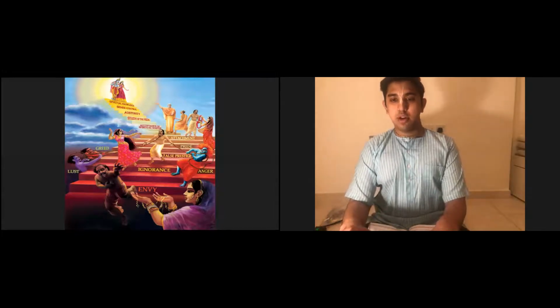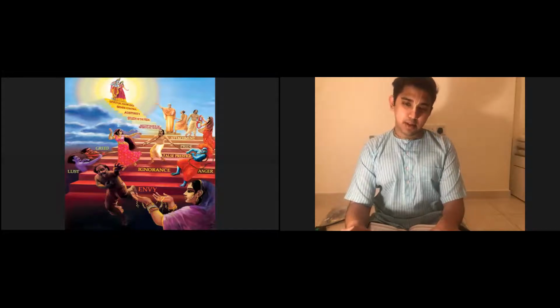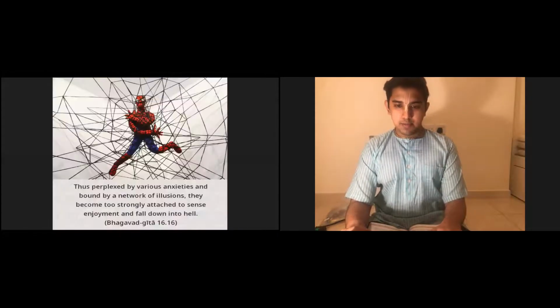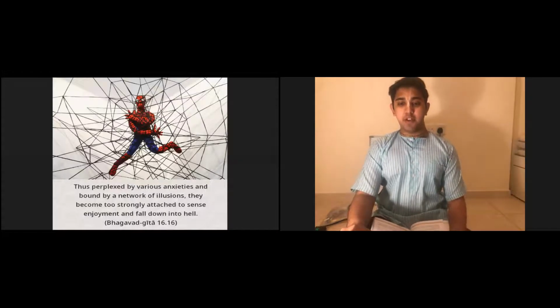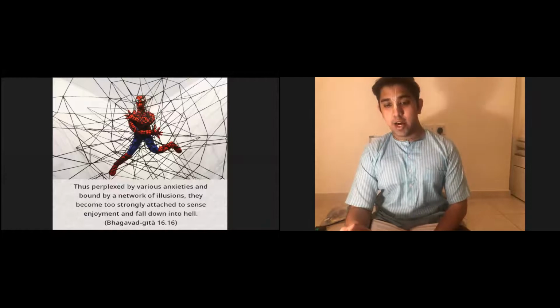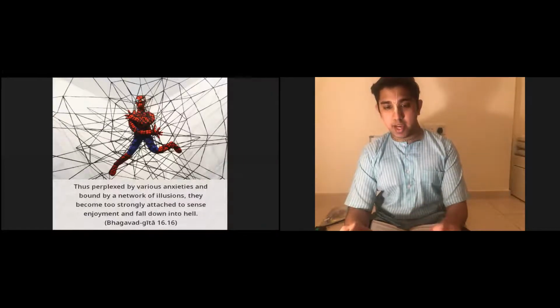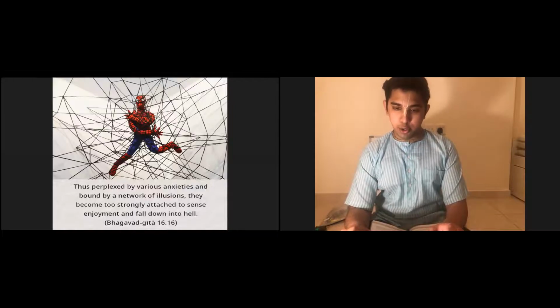So those who have lived a sinful life towards the end, as it's explained in the Bhagavad Gita, thus perplexed by various anxieties and bound by a network of illusions, they become too strongly attached to sense enjoyment and they fall down into hell.